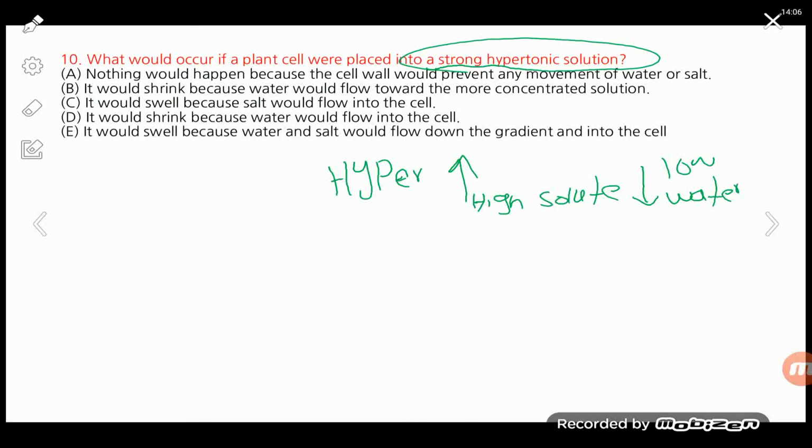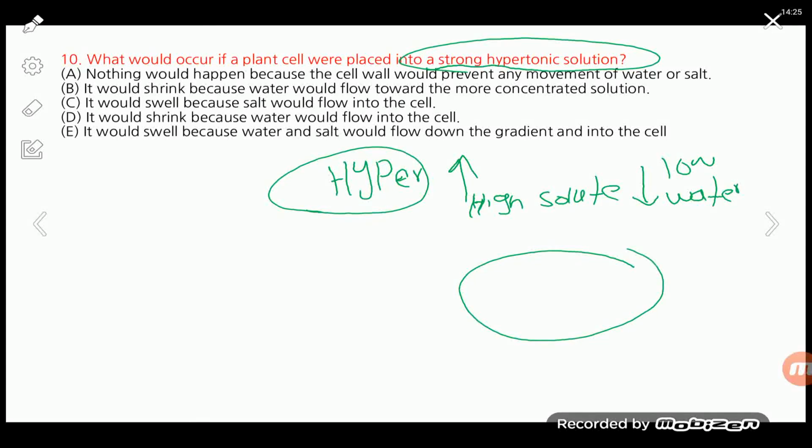The amount of water is low. Okay, so this is the solution. What about the cell? When the outside is hypertonic, which means high solute and low water, this is outside. What about the cell, which is a plant cell?